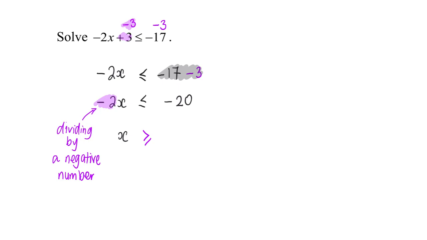Yes, the inequality sign changes from less than or equal to, to more than or equal to. Okay, this is really important. Please take note. And therefore, final answer, x is bigger than or equals to, in this case, 10. And we are done with this question.